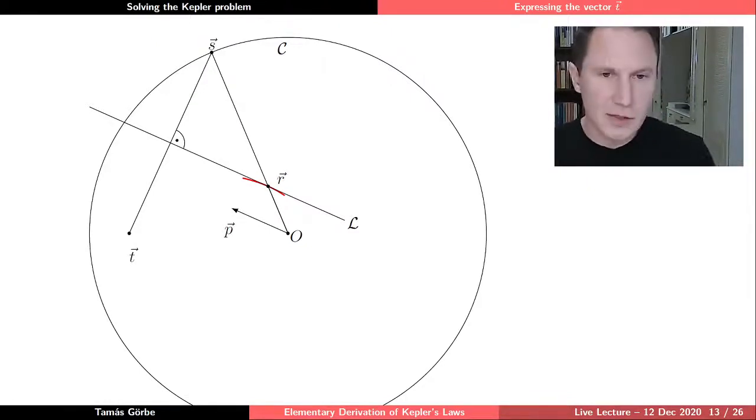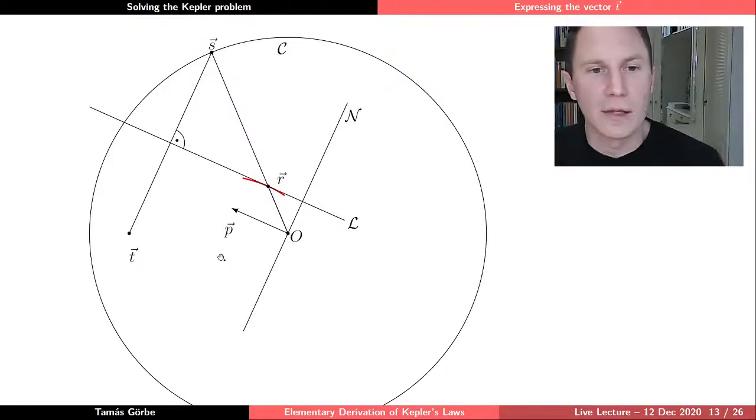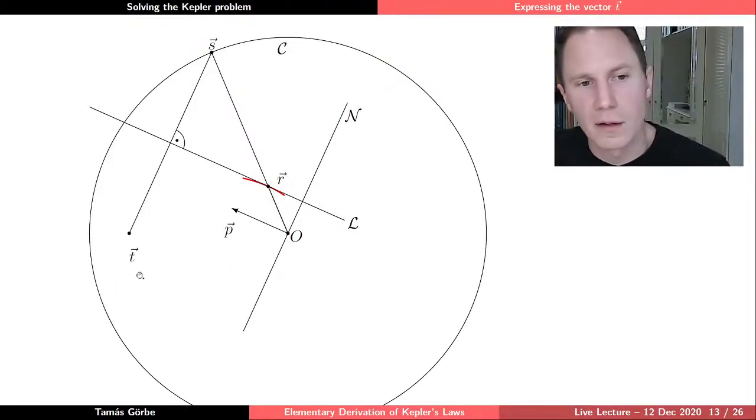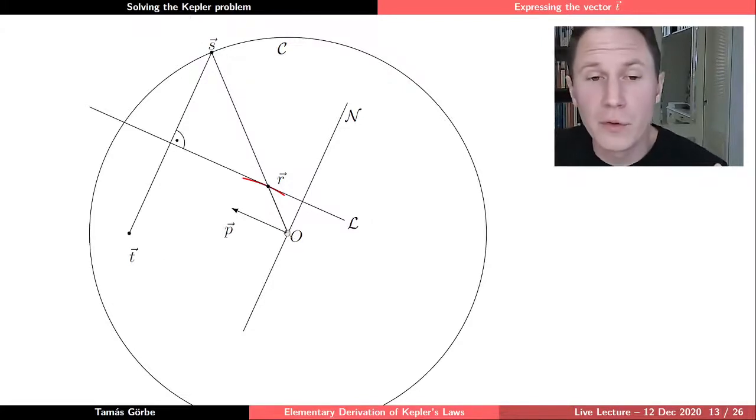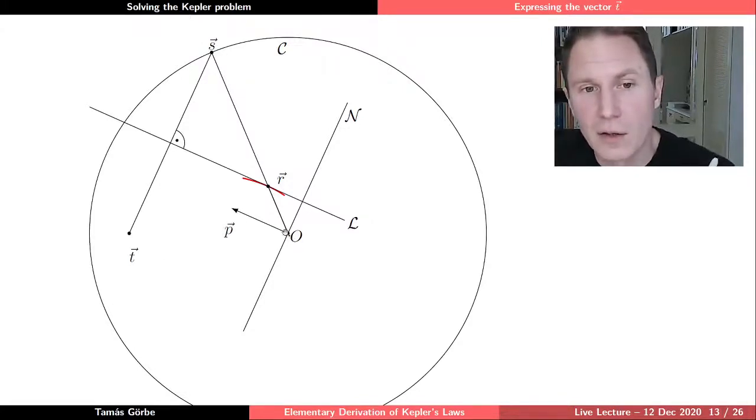If we want to go to this point given by the vector little t, what we have to do is go from the origin to r and all the way to s, and then go down twice this distance because we are doing a reflection. We have the distance between the point s and the tangent line, and we have to go twice that distance in that direction to get to t.